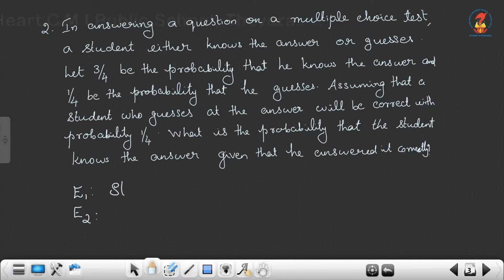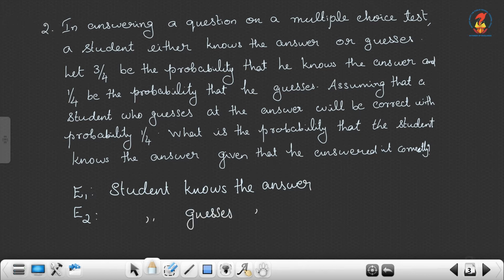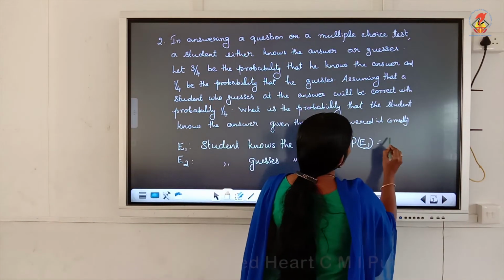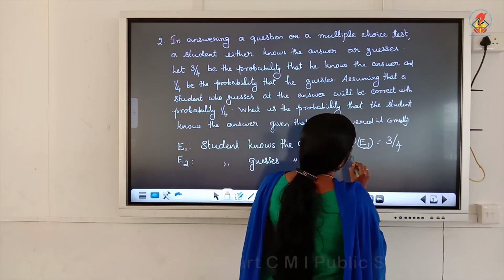E1 means the event the student knows the answer, and E2 means the student guesses the answer. So what is P of E1? P of E1 is given in the question: 3 by 4 is the probability that he knows the answer. And P of E2.